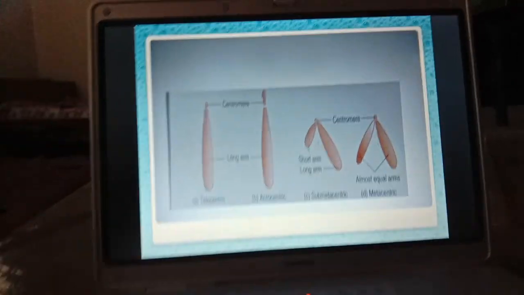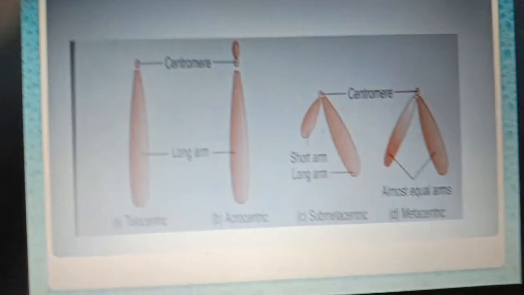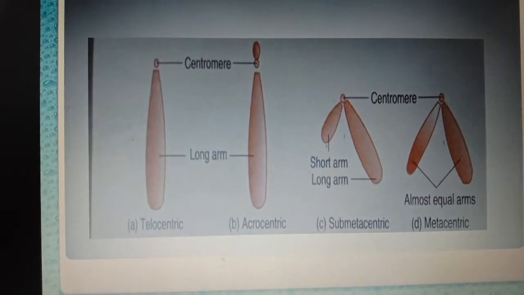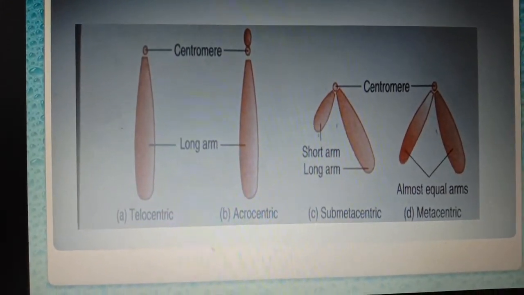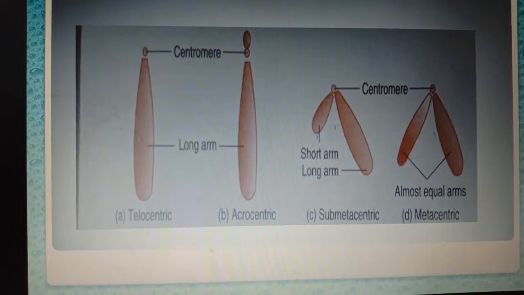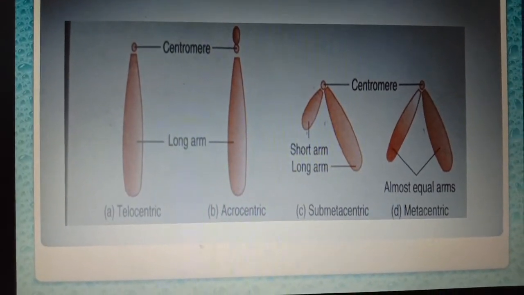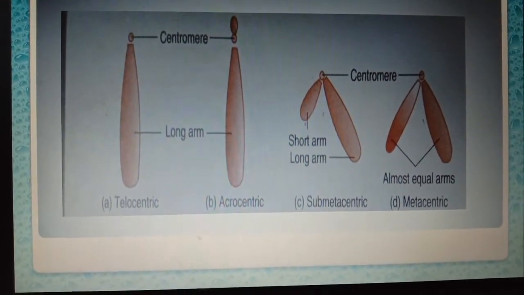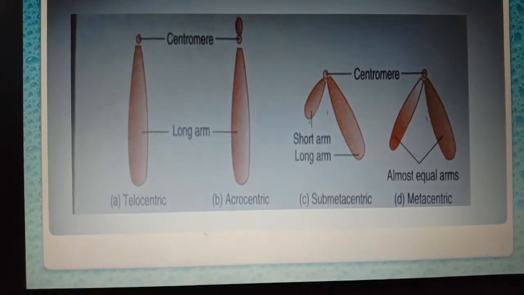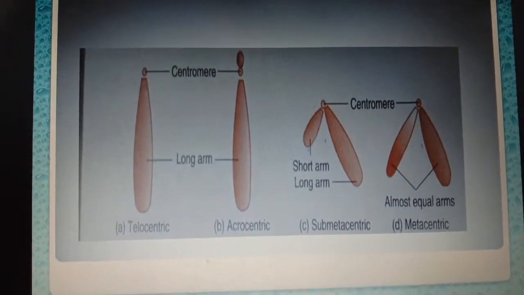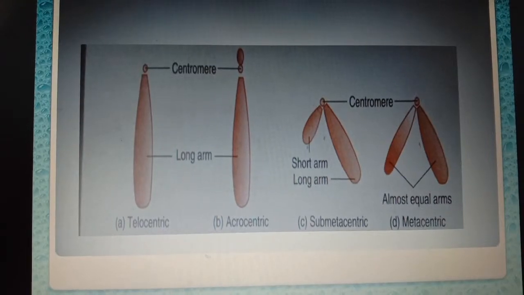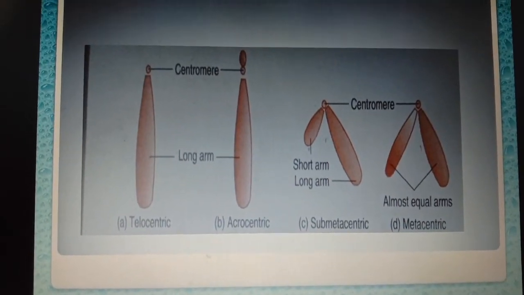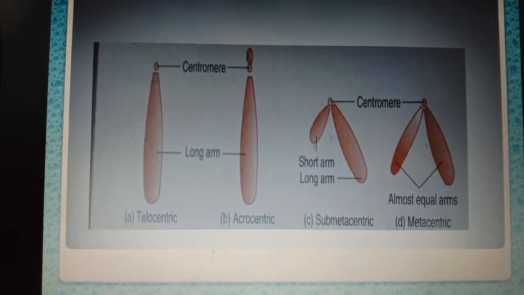Here you can see the structure of the telocentric, acrocentric, submetacentric and metacentric chromosome, where you will find in telocentric the centromere is terminally located. In acrocentric, you will find it is not terminally but subterminally located.